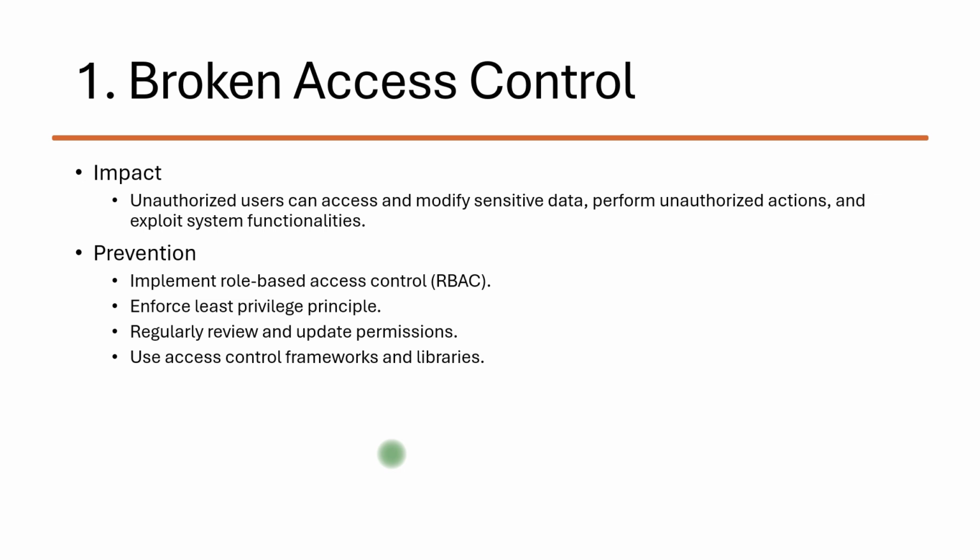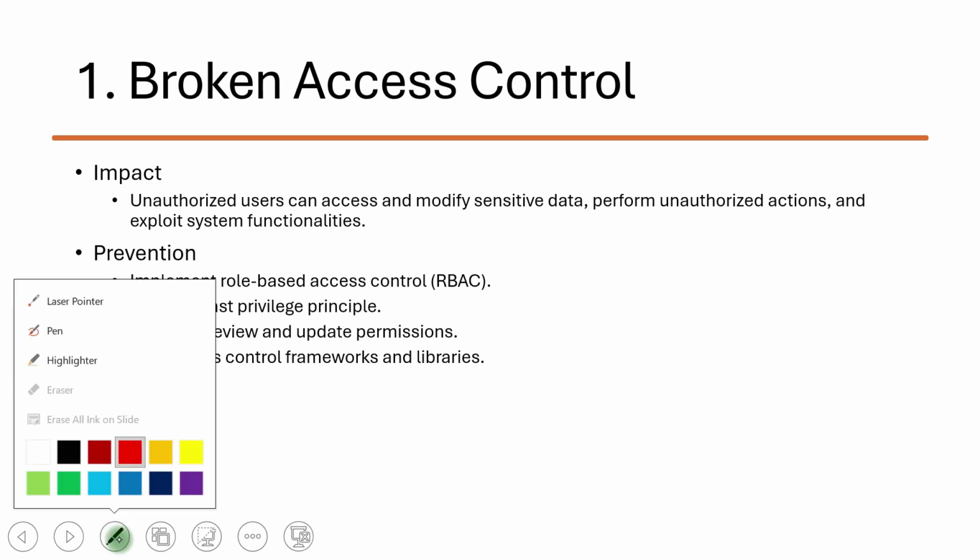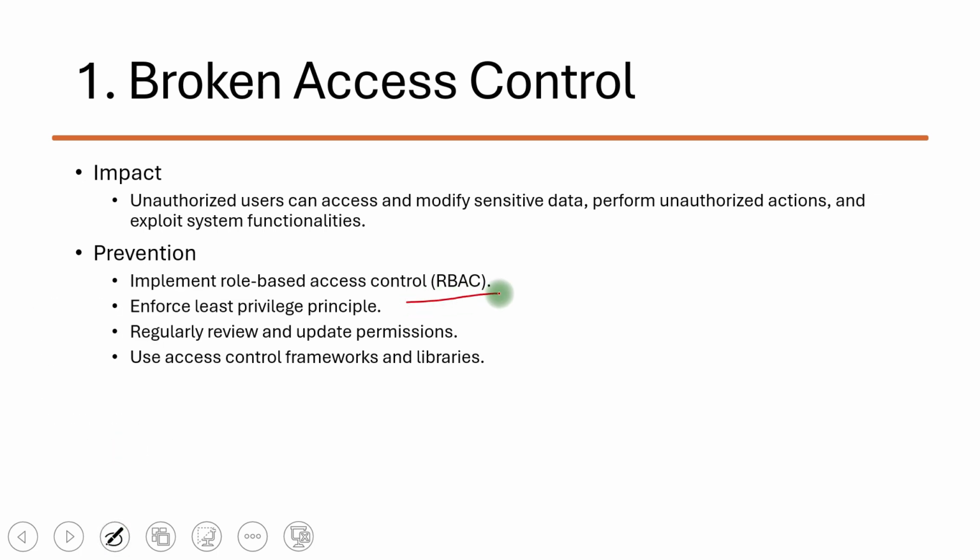The first one is to implement role-based access control. What is this? RBAC. In an organization, first of all, the second point, let's see that, is the least privilege principle. In the organization, every employee should have least privilege, so by default, everyone should be denied everything.